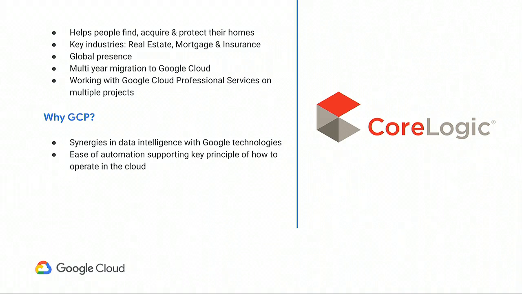The Google technologies are very synergistic with this, so it's a perfect match for CoreLogic from that standpoint. And the other thing is the Google Cloud platform is really easy to automate. I know there's a number of CSPs out there that you can apply automation to, but in this case, we're going to talk about the entire environment from the organization down and how easy it is to automate the entire thing.